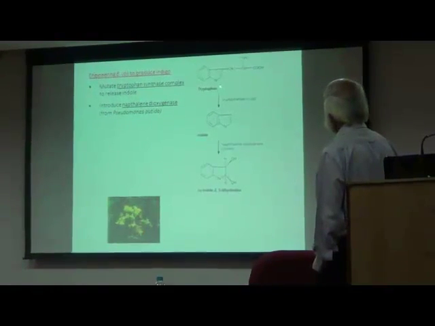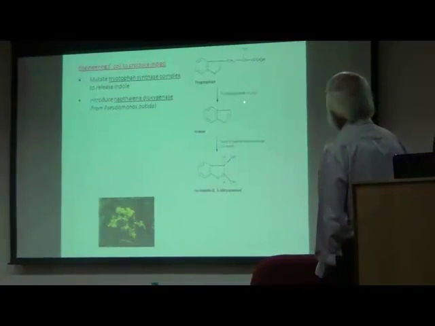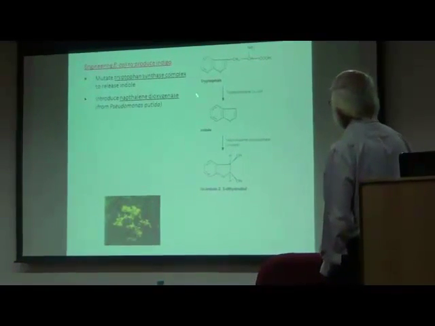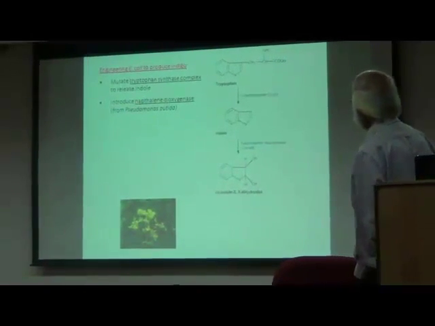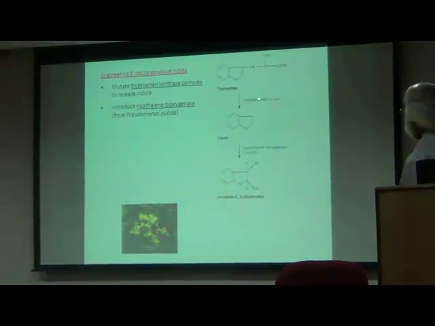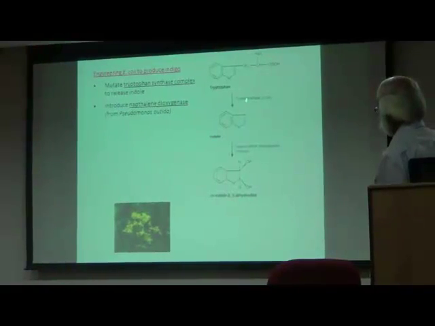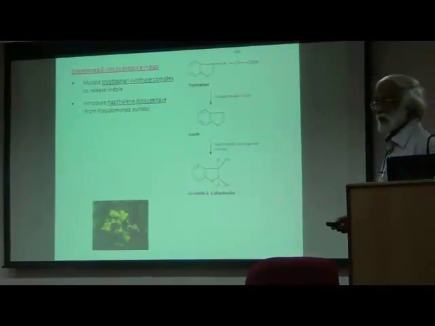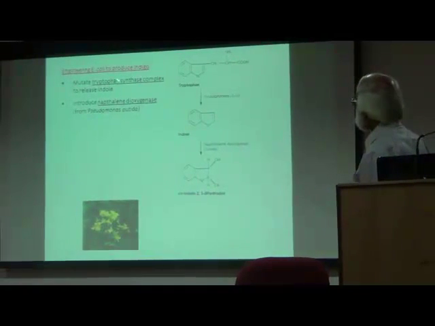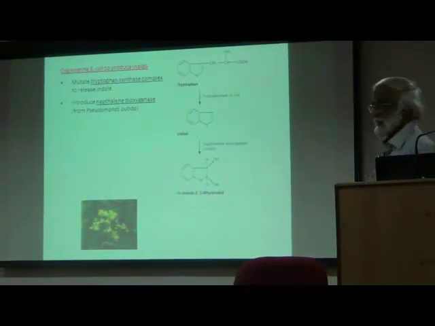Tryptophan is an amino acid. Tryptophan can become indole. Now, indole can become indole dihydrodiol, but indole will form by E. coli, this organism. But this step, this organism cannot do. So you take this gene from another organism and put it here.